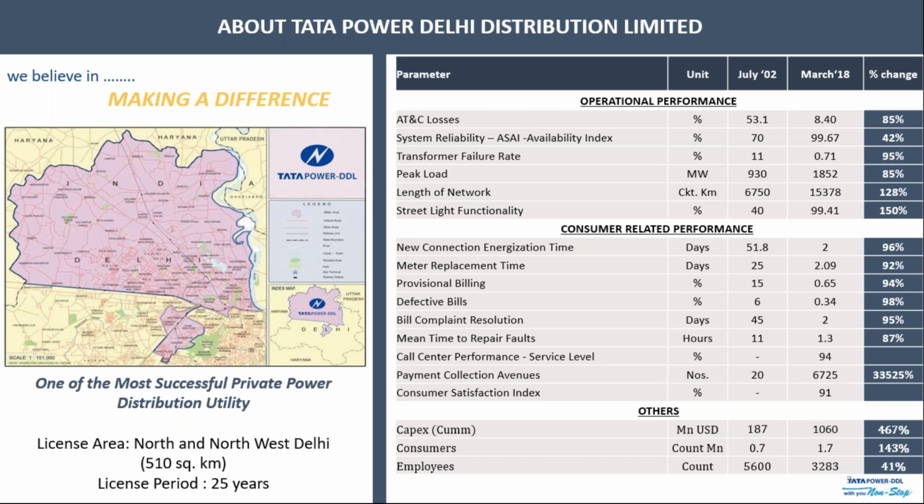So in the last 16 years, while the peak load has gone up by more than 100%, the losses have come down to 8.4%. Reliability has gone to almost 100%. And on all commercial parameters, there is a jump of almost 100%. Now, how this was made possible, let's go to the next slide.